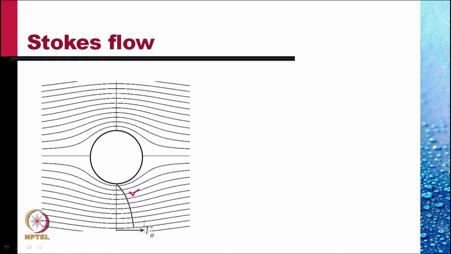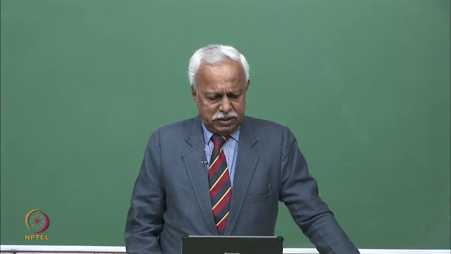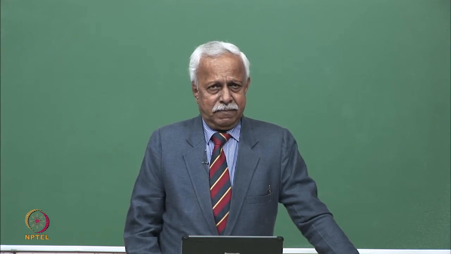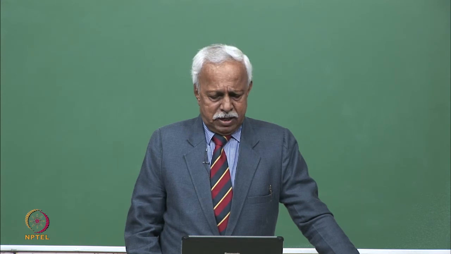This velocity V naught is the free stream velocity, the velocity with which the flow approaches the sphere. Notice that almost a diameter away from the sphere, the velocity is still quite small compared to V naught.